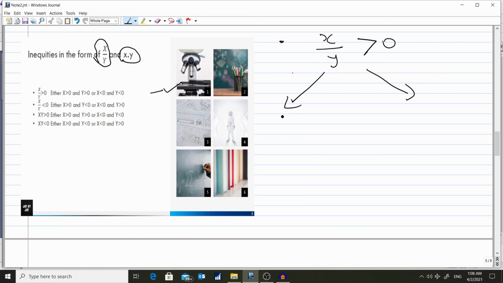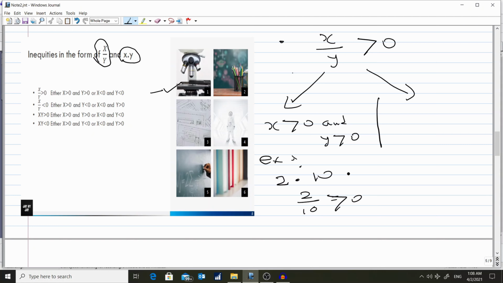X can be positive and y can be positive. For example, x can take 2 and y can take 10, so 2 divided by 10 is also a positive value.